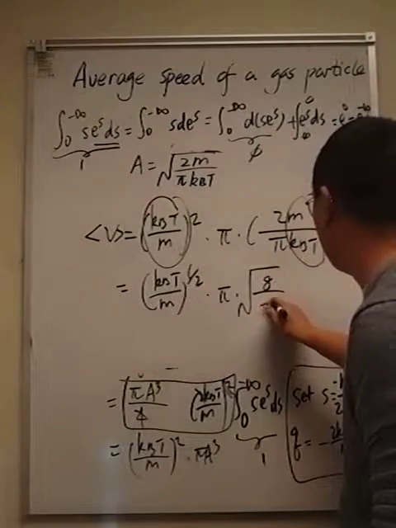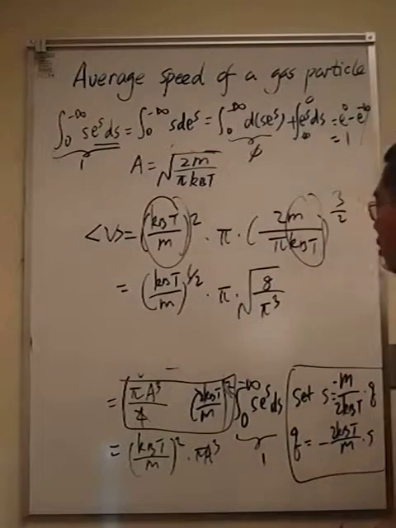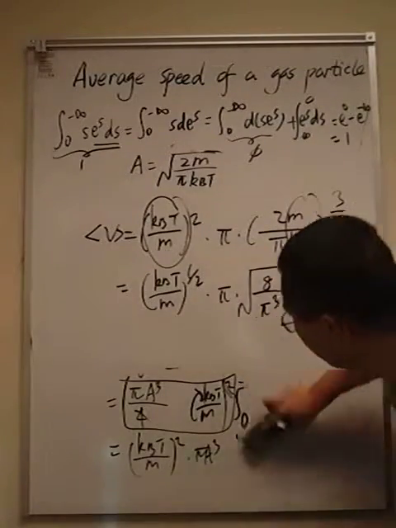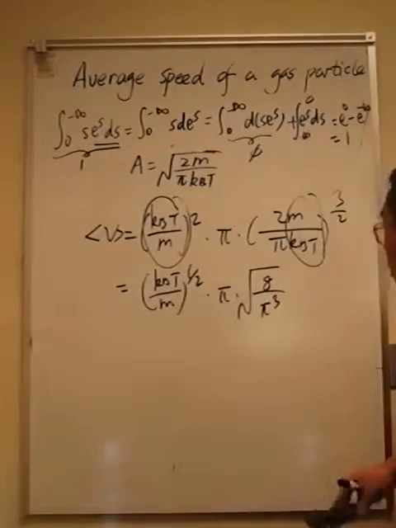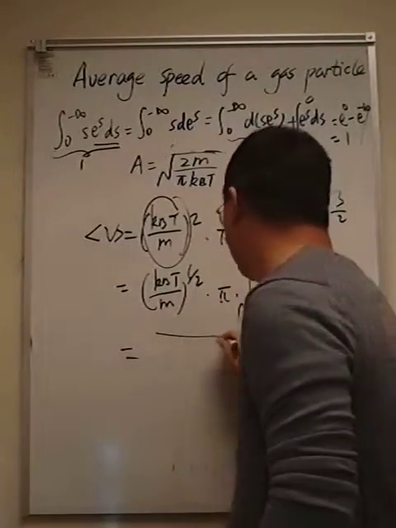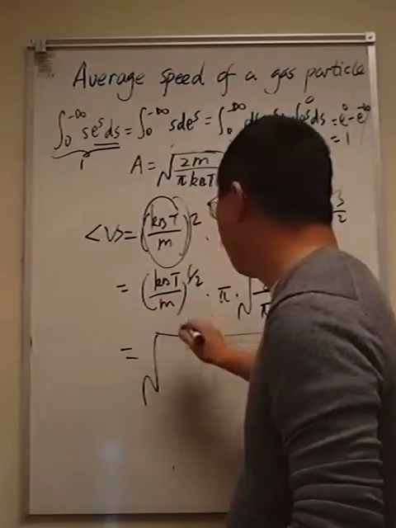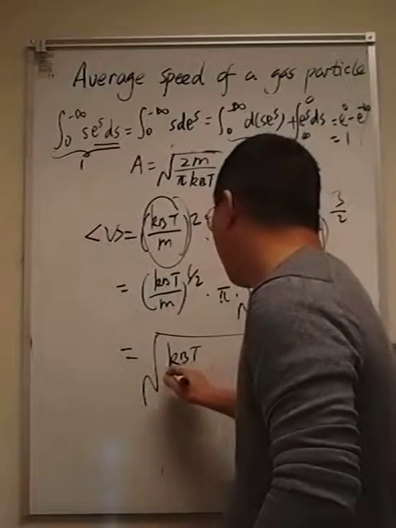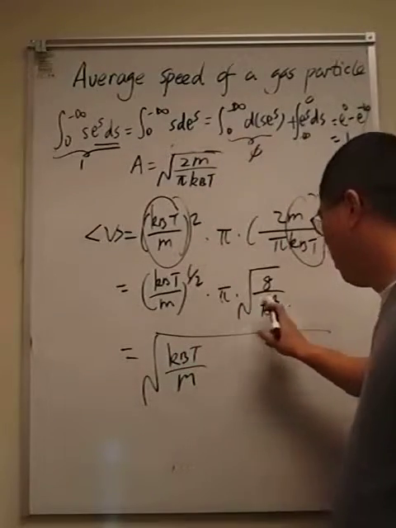And then this is also pi cubed. Well, it looks complicated, but we can further simplify this. Equals, we're going to move this pi inside, so we're going to put this in the square root sign as well. I'm going to move this inside.